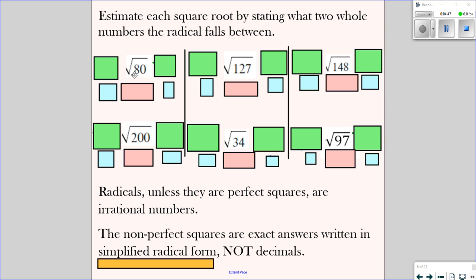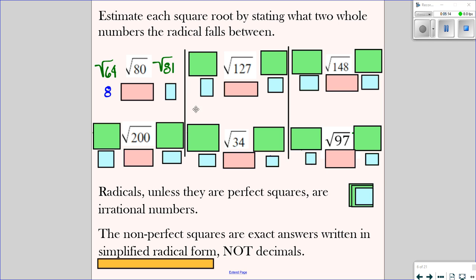What two numbers underneath the radical that will give you a perfect square will be before the square root of 80 and after the square root of 80? So we know that the square root of 80 will fall between the square root of 64 and the square root of 81. So you know the square root of 64 is 8.